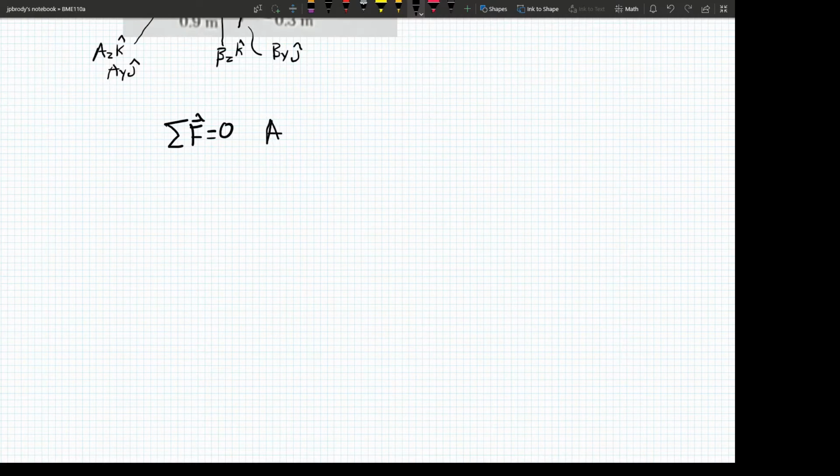We had A sub y in the j hat direction plus A sub z in the k hat direction plus B sub y in the j hat direction plus B sub z in the k hat direction.